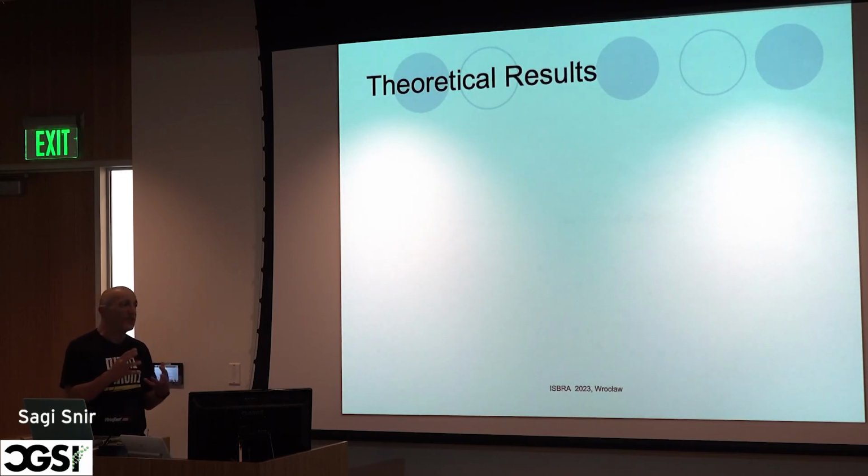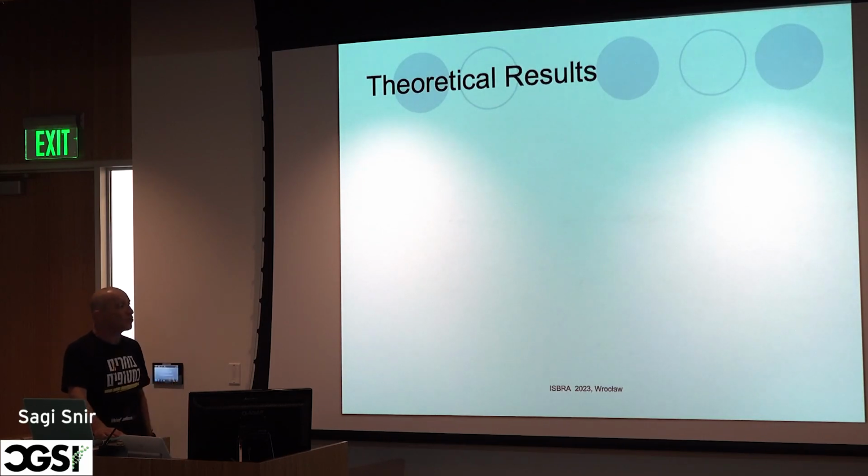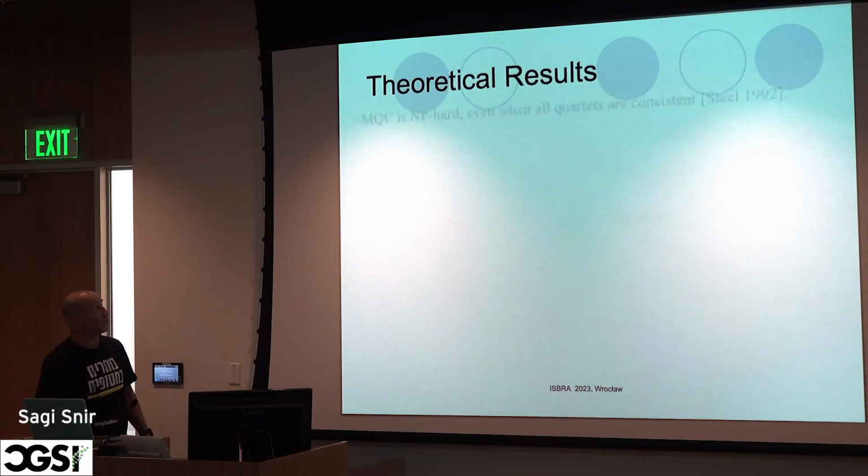When I came into this area, I played with the combinatorics, with the ideas, with the algorithms, but it turned out to be really useful, and that is why we generated that software. But also the theoretical results are important here because they shed light on very fundamental properties in phylogenetics. So let's see.